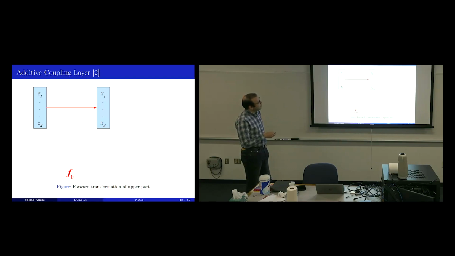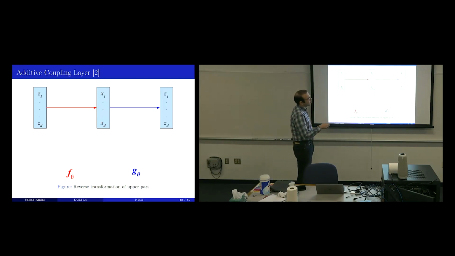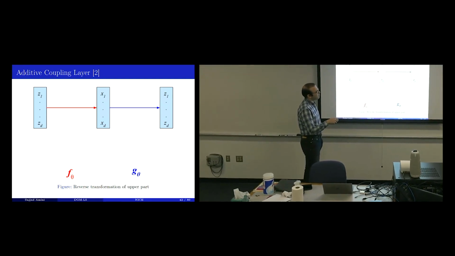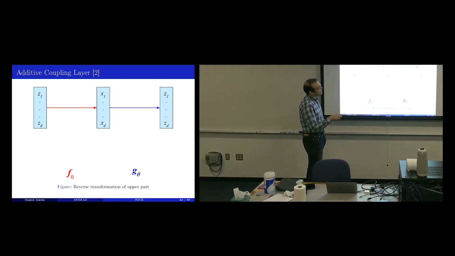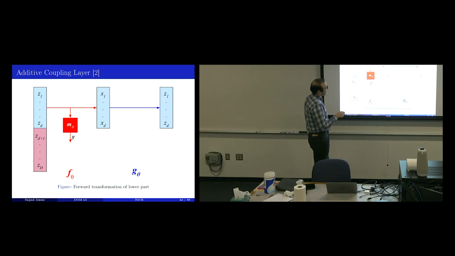What happens first in the forward transformation is that it copies the first part of the base data into your observed data. This part can be easily inverted because it is identity, so you have another identity transformation, and you can generate the Z given x. Then for the second part, first it calculates a vector y.